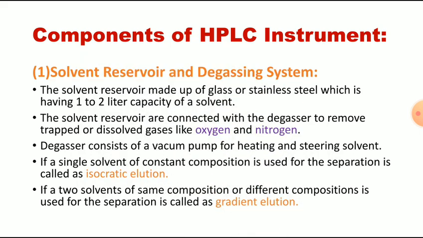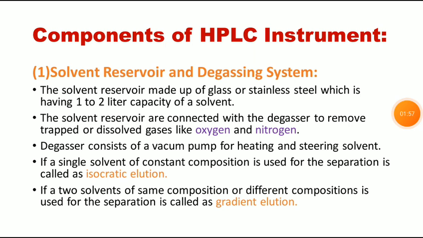So the first component is the solvent reservoir and degassing system. In yesterday's lecture we have seen the function of the solvent reservoir and degassing system. Actually, the solvent reservoir is made up of glass or stainless steel, having a capacity of 1 to 5 liters of solvent.